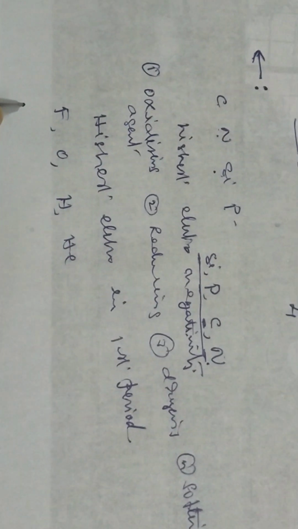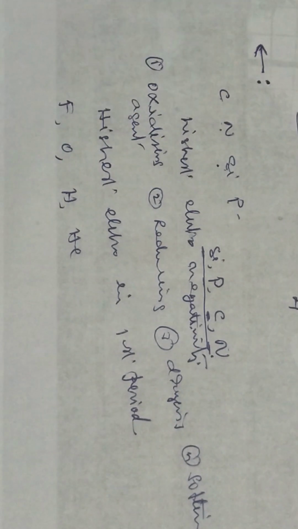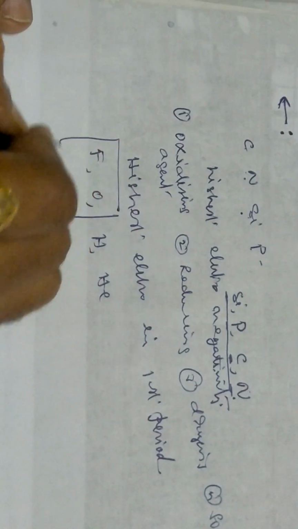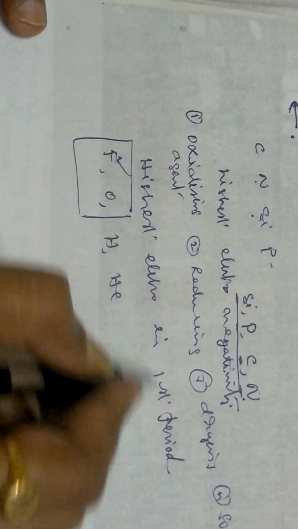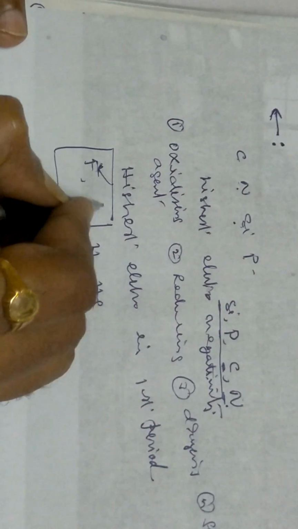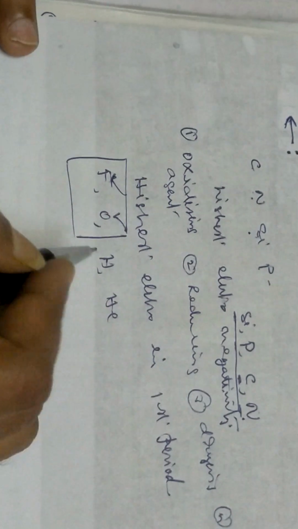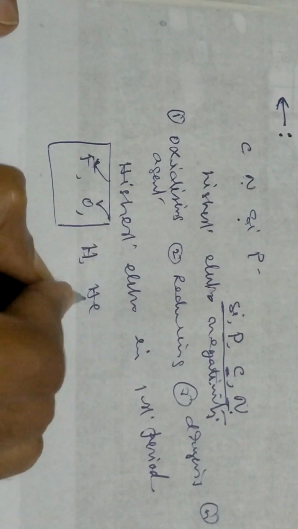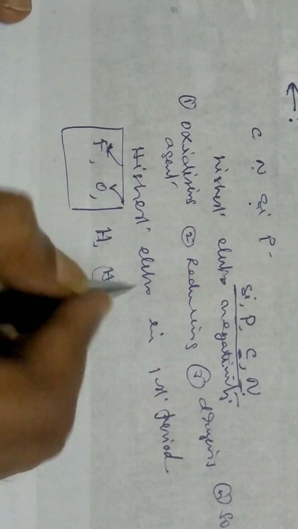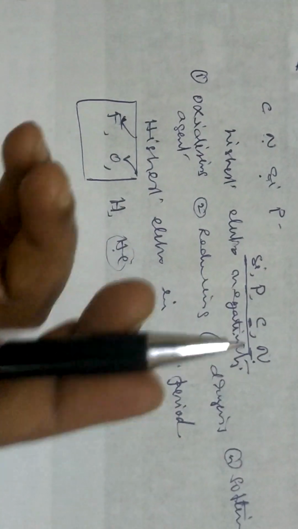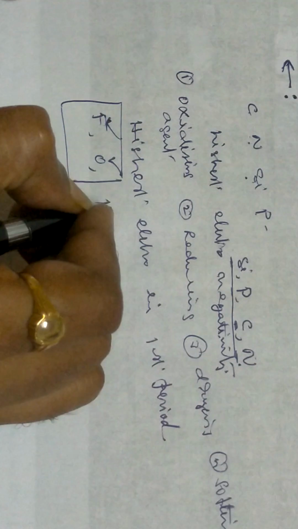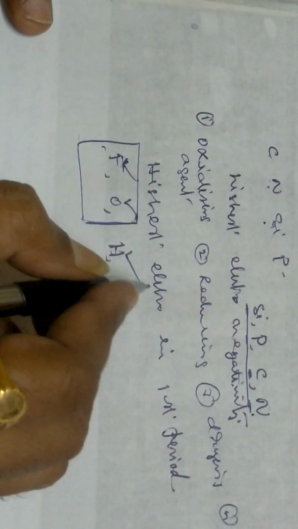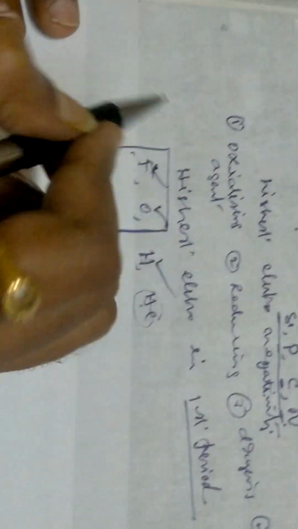In the first period there are only two elements, hydrogen and helium, so you have to compare only these two, not fluorine. Everybody will immediately take fluorine, or oxygen as second. No. The comparison is only between hydrogen and helium. Helium is the least because it does not have any pulling capacity. So hydrogen. You have to eliminate the others immediately because he has asked about the first period.